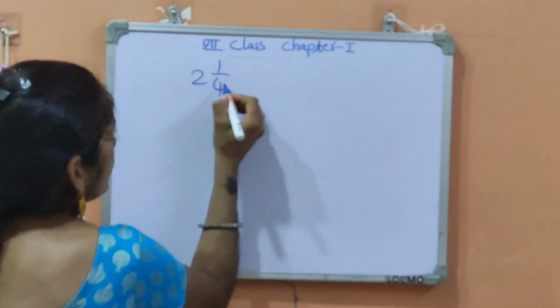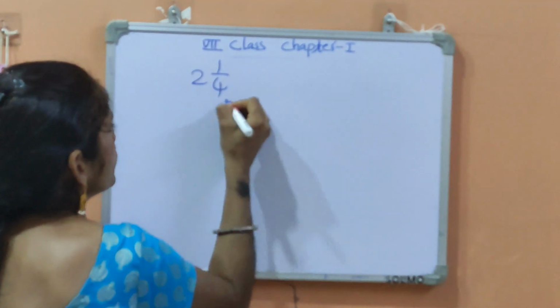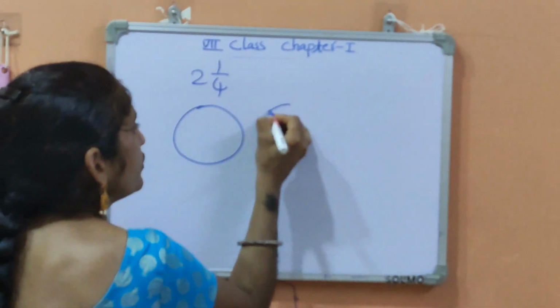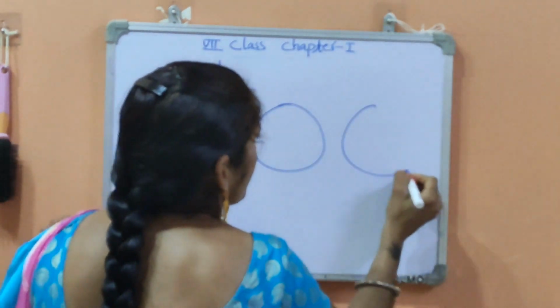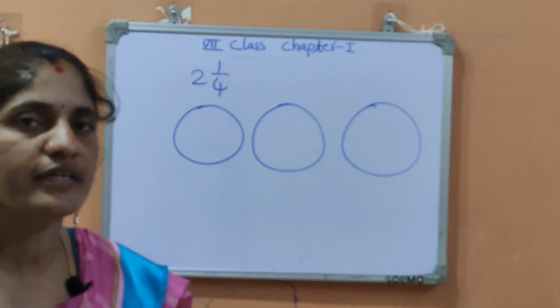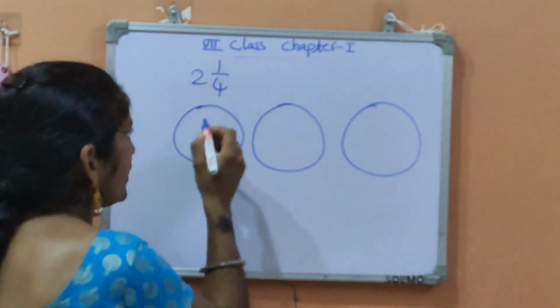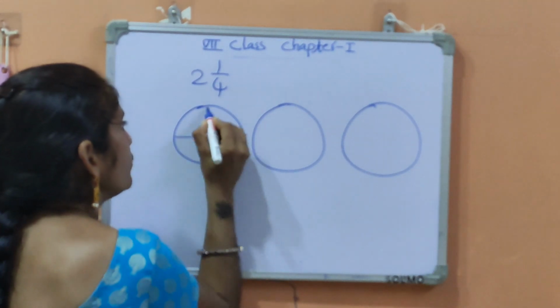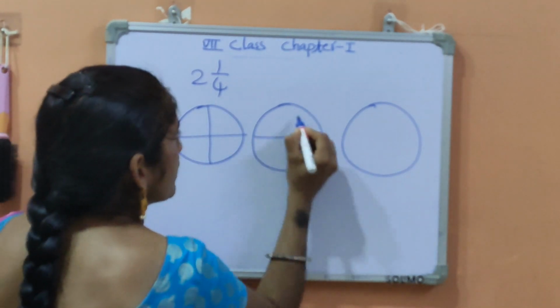To each and every picture we are going to make 4 equal parts. I am taking a circle, you can take a rectangle or a square also. So the denominator is 4, which means we are going to make 4 equal parts in each figure.